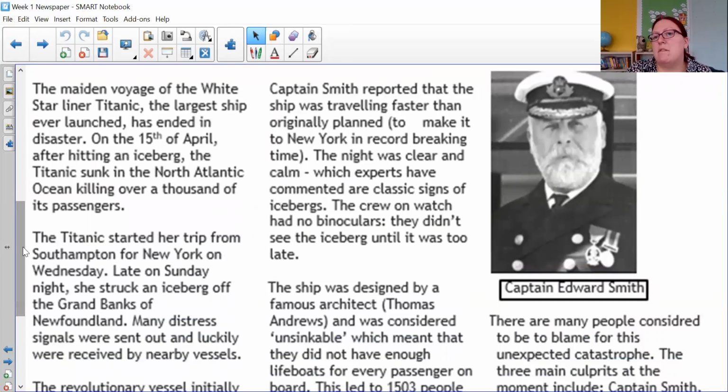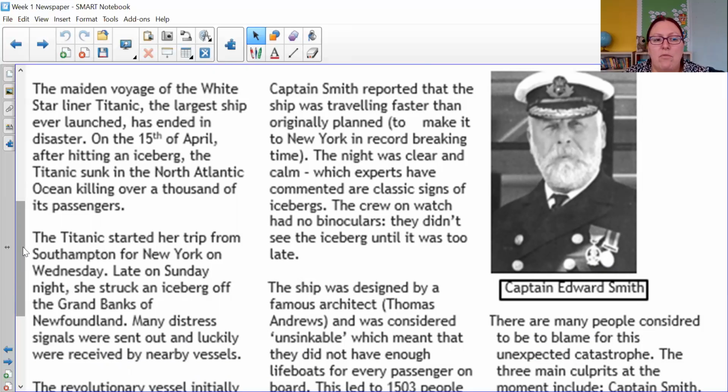A newspaper report starts with an orientation. An orientation tells you what the story is about, when it happened, where it happened. Okay, so the maiden voyage of the White Star liner Titanic, the largest ship ever launched, has ended in disaster.